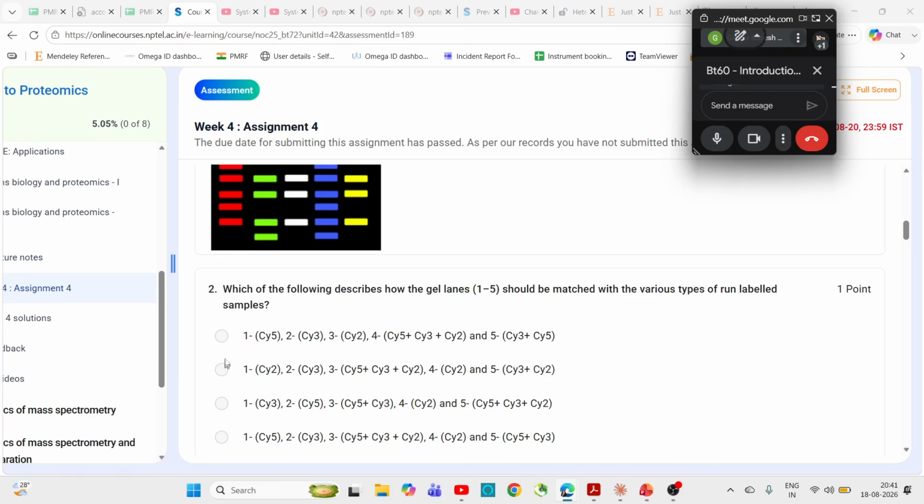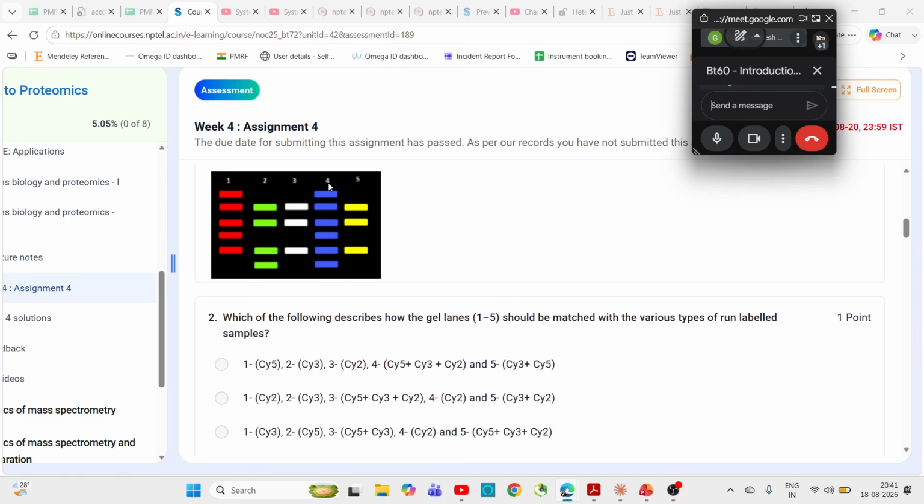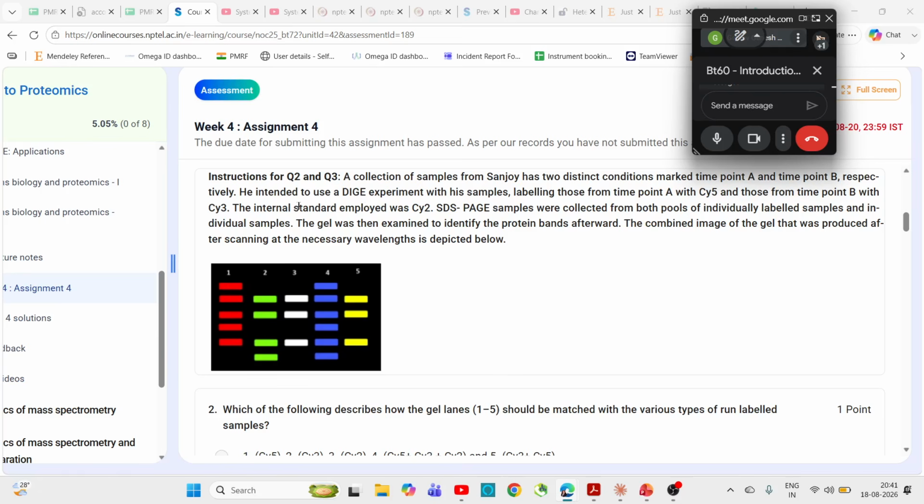You can answer with any of A, B, C, D. If you see in this fourth lane, you can see all the bands together, indicating this is an internal standard which has all of them together, which might be the Psi2 dye, the internal standard.